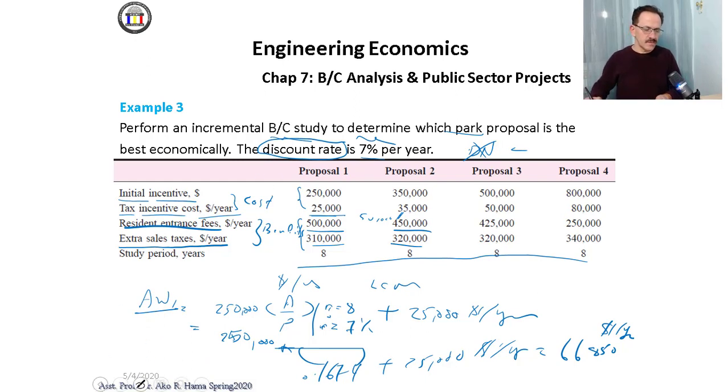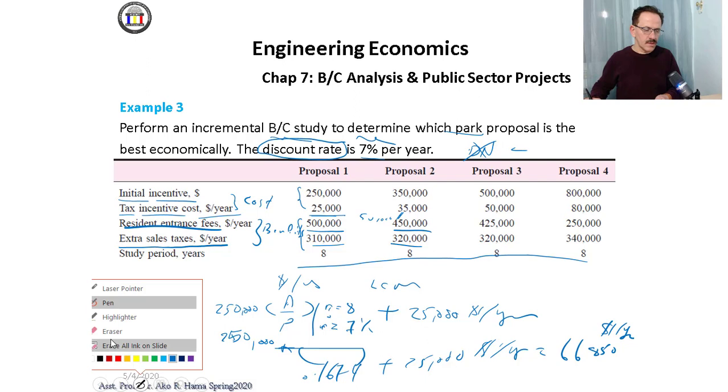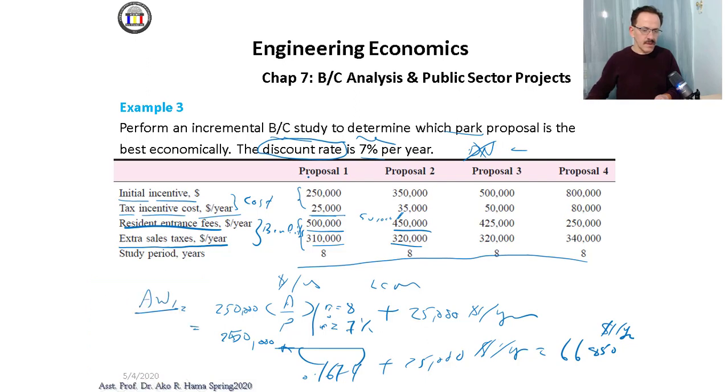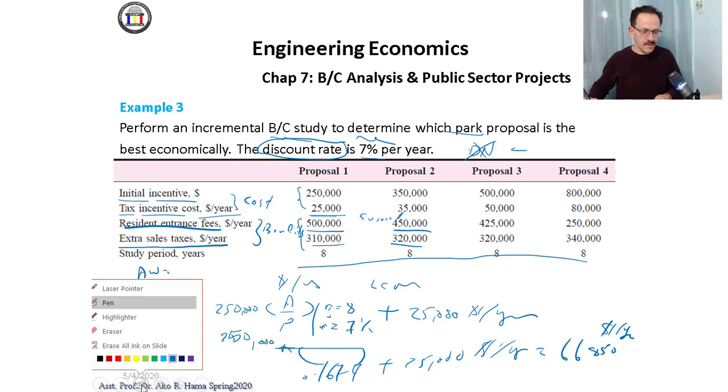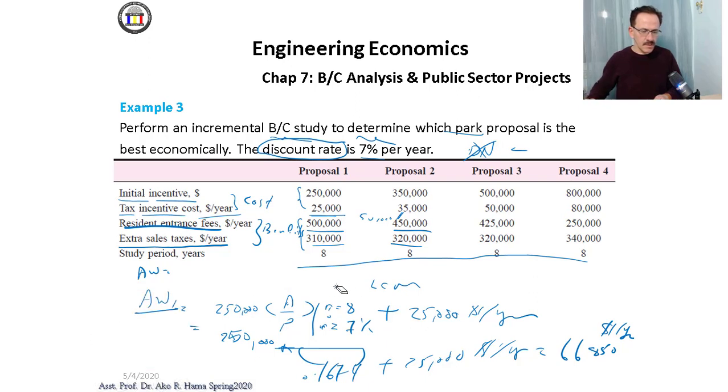So we have to write this one. This is annual worth. I will include the annual worth of this one, which is 66,850 dollars per year.